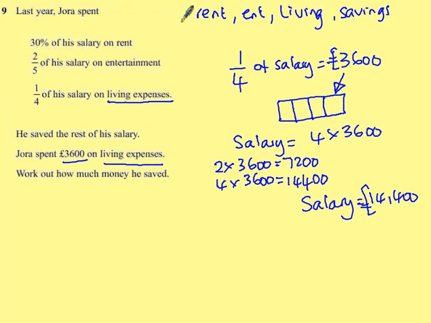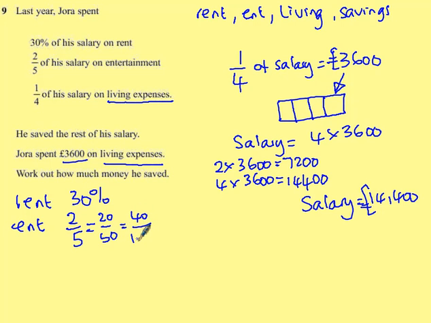So, on rent, 30%. On entertainment, 2/5. I'm going to write these two fractions as equivalent percentages. 2/5 is the same as 20 out of 50, which is the same as 40 out of 100, so 40%.